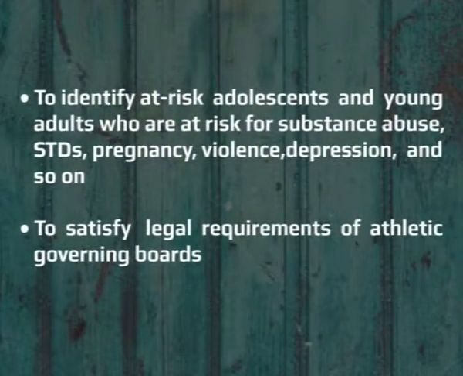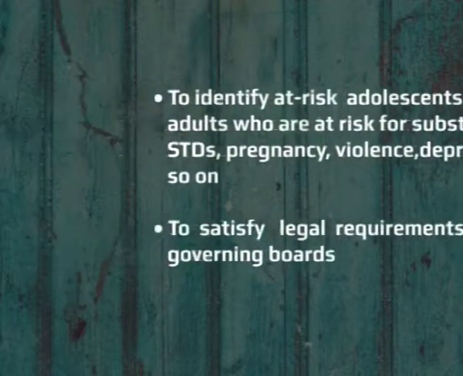Number 4, to identify at-risk adolescents and young adults who are at risk for substance abuse, STDs, pregnancy, violence, depression, and so on. Number 5, to satisfy legal requirements of athletic governing boards.